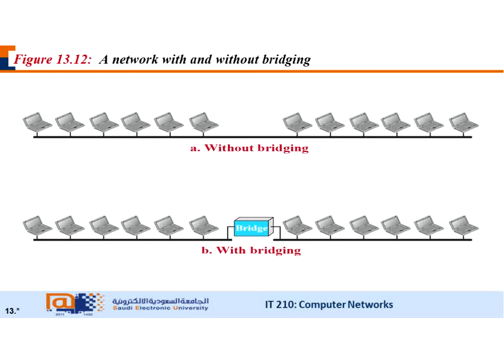Now in this figure, you will see a network with and without a bridge. Another advantage of a bridge is the separation of collision domains. This figure shows the collision domain for an unbridged and a bridged network.